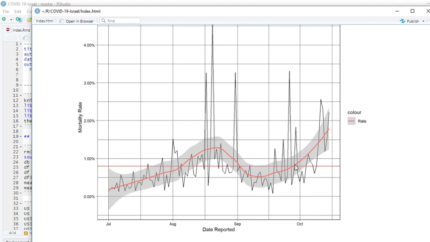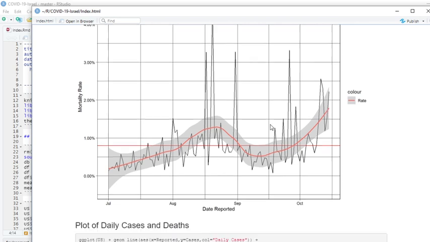And about the first week of October, they crossed back over the average mortality rate. But even so, you can see that their death rate is like 1.75% on average. Okay, so that's a pretty good mortality rate.